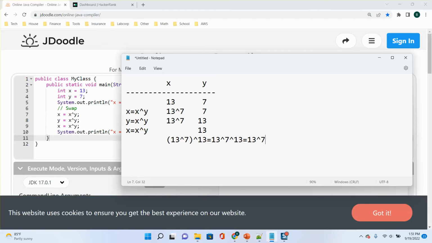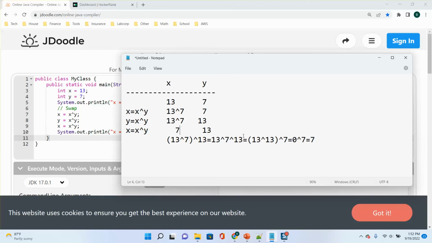I use the commutative law and I can combine the first two first, and it becomes 0 exclusive-OR 7 and equals 7. So then I make it a 7, right? This is 7. So then you can see the two numbers are swapped. So this is a very good example of using the exclusive OR to swap two numbers.